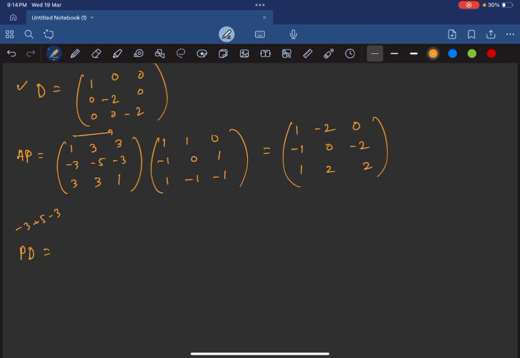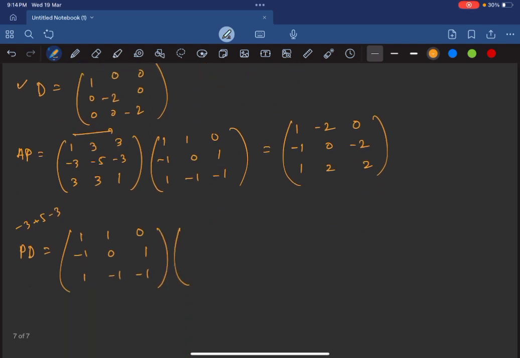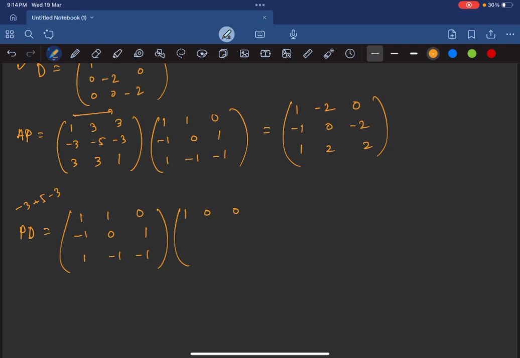So let's check whether AP is equal to PD, whether it is there or not. So P is (1 1 0; minus 1 0 1; 1 minus 1 minus 1). D is that matrix (1 0 0; 0 minus 2 0; 0 0 minus 2). If you do the calculation here, 1, here minus 2, here it is 0.